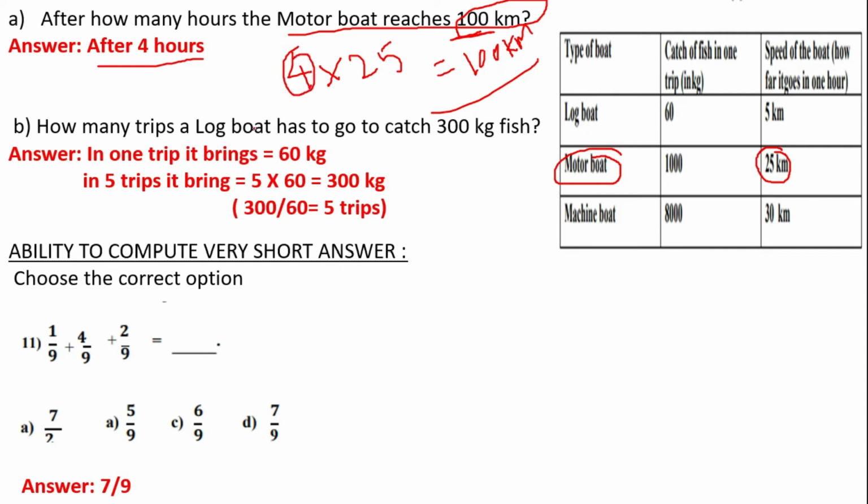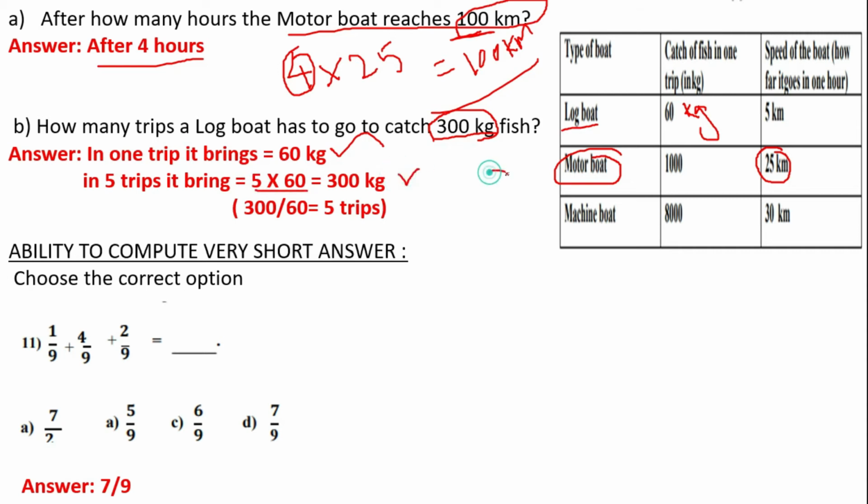How many trips does a long boat have to make to catch 300 kilogram of fish? You see the long boat, 60 kg in one trip. So to get 300 kilogram of fish, it will take 5 trips. 60 kilogram one trip, 5 into 60, 300.